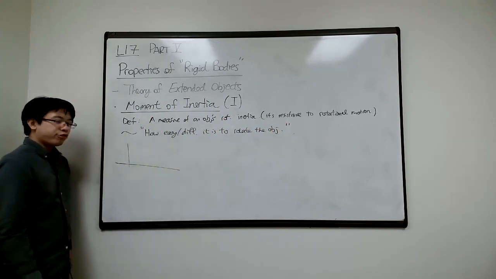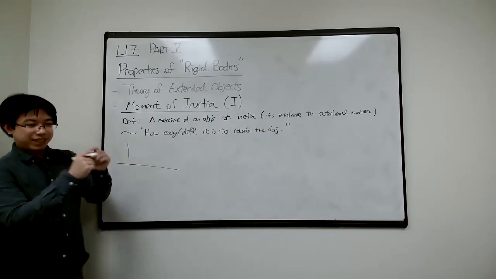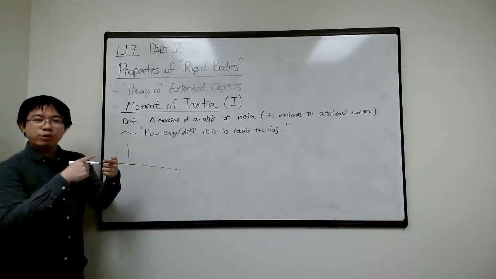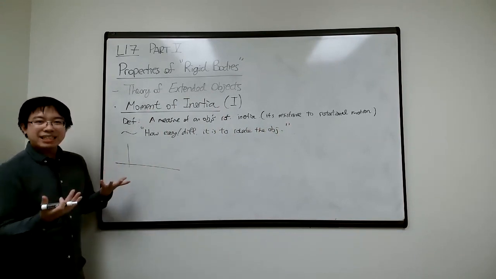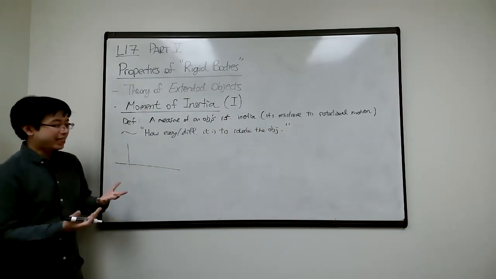How easy is it to rotate a point mass? Well, if you just want to rotate it about its own axis, then it's trivial. It is a point, you can't really rotate it.